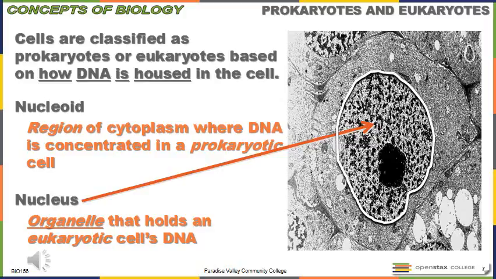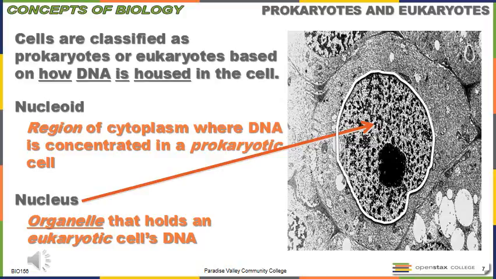You'll notice also on this slide that prokaryotes have a nucleoid region. And what this looks like, we'll see on another slide, is very similar to the nucleus of a eukaryotic cell, except it doesn't have a cell wall. It doesn't have a membrane around it.